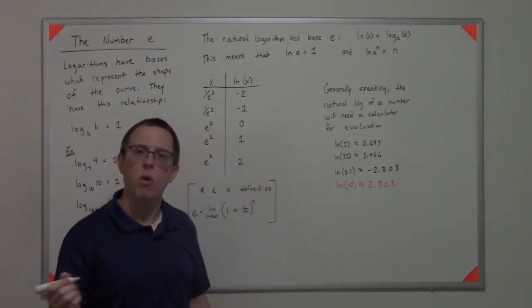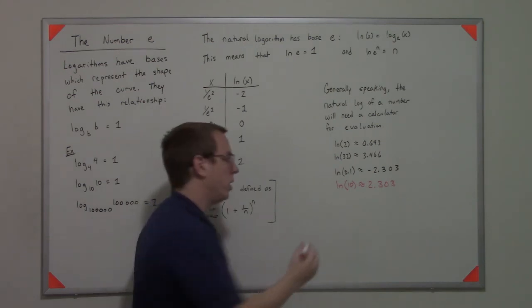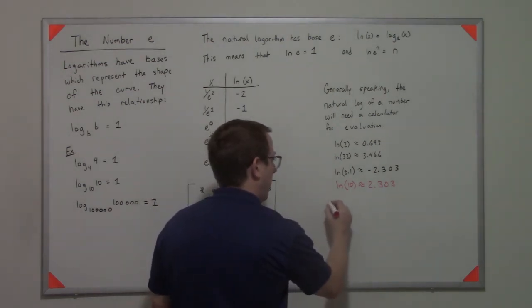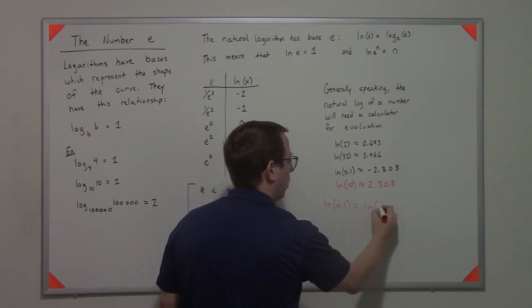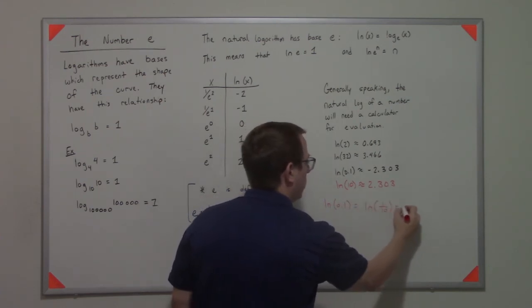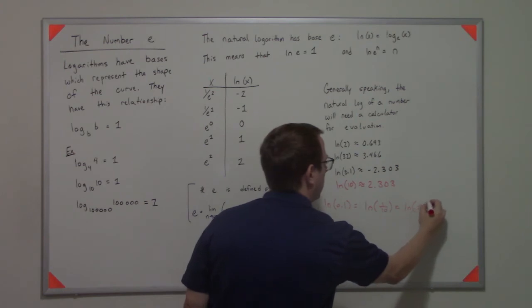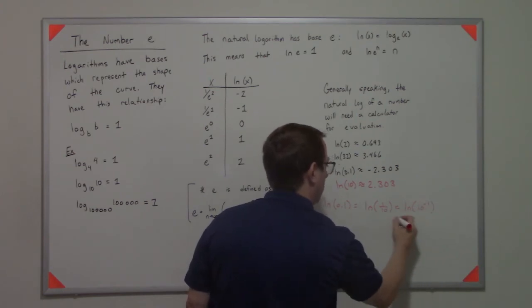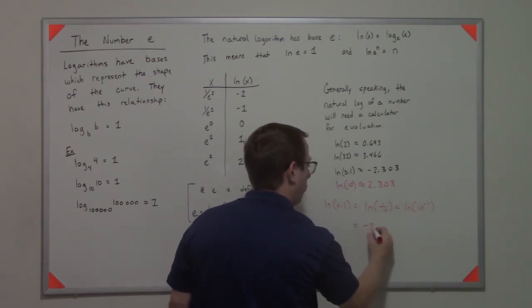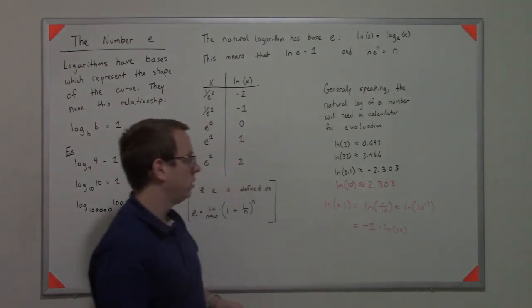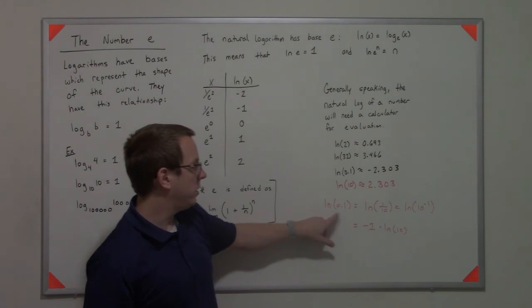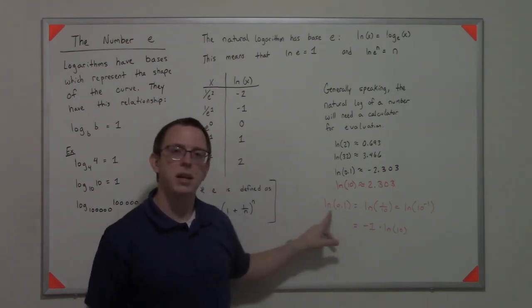You might ask, why is that true? Well, if I had the natural log of 0.1, that's the natural log of 1/10, which is the natural log of 10 to the negative 1, which is negative 1 times the natural log of 10. So what you find is that it has that relationship.